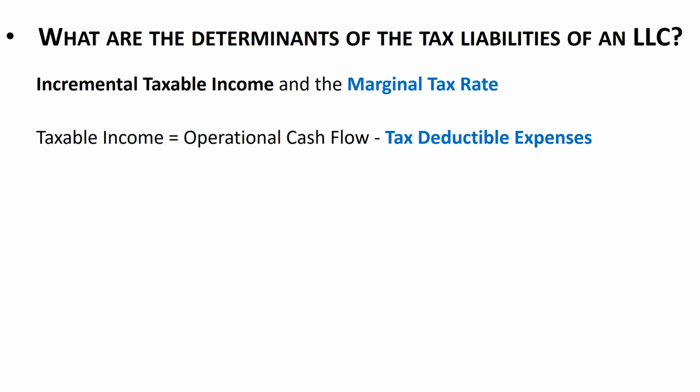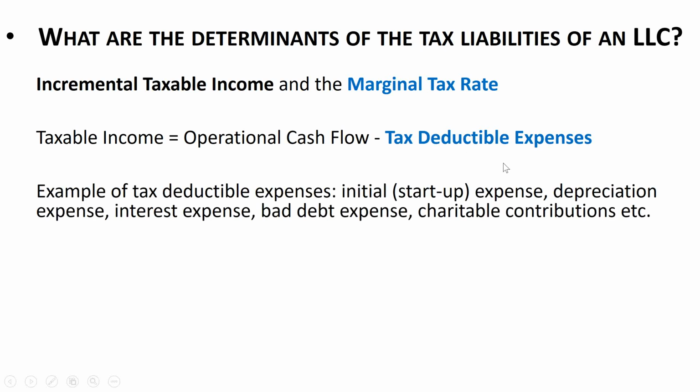So the amount of cash that the business gives you, you don't pay taxes on all of that. The IRS allows some valid expenses to be deducted. What are some examples? Initial expenses, like legal expenses and initial promotion, and the IRS realizes that you've got to allow that to be deducted.